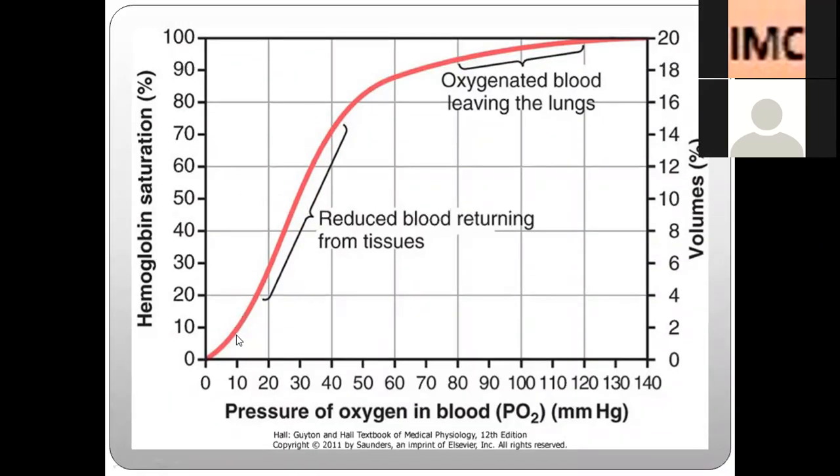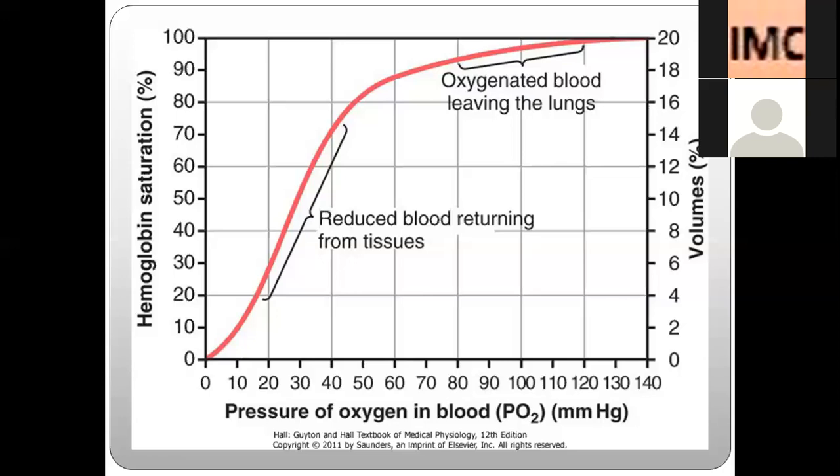If we are considering the opposite direction, if we are going from zero partial pressure, then what will be happening? As the pressure increases, the binding capacity of the hemoglobin with the oxygen goes on increasing. If you consider from 0 to 60, there is a steep rise. So this is one part of the oxygen hemoglobin curve.